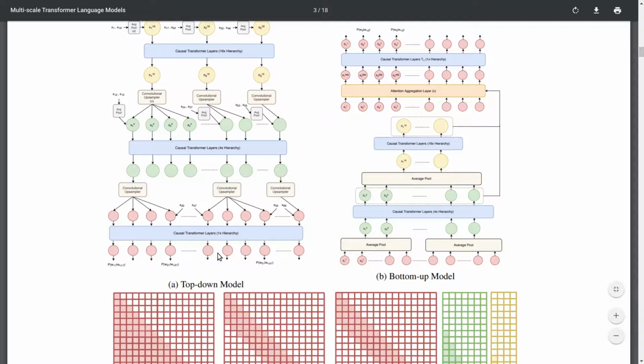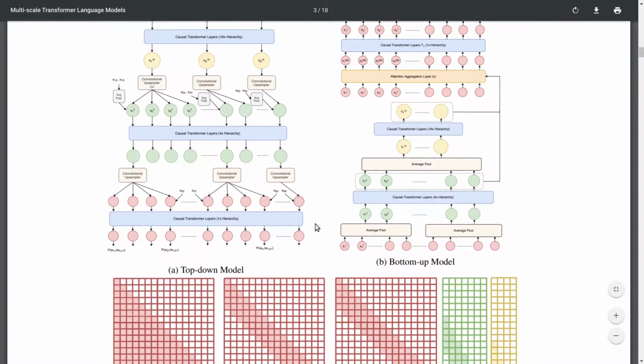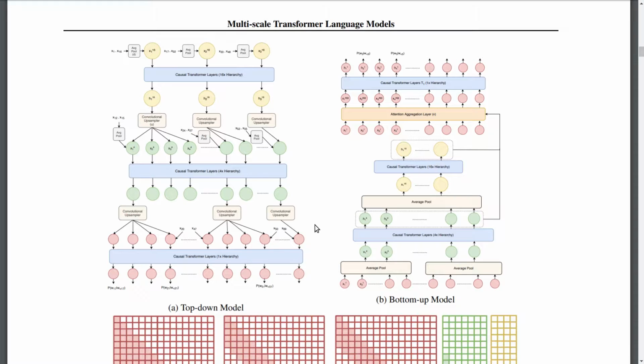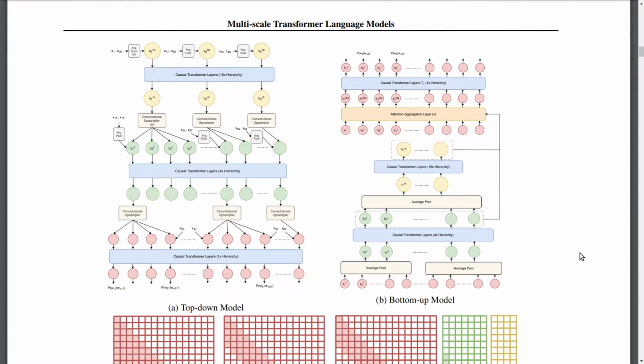We have first a top-down model which starts from coarser representations, let's say from segments of multiple words of the input text, and then does some upscaling. I'll talk about that in a second, but then you also have a bottom-up model which starts from the granular representations of individual words, and then goes into higher level.